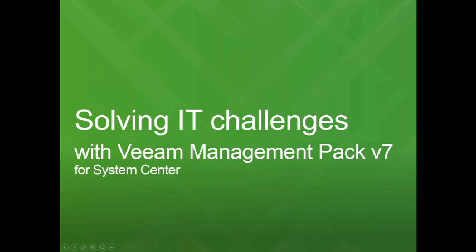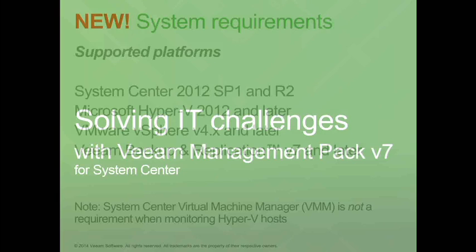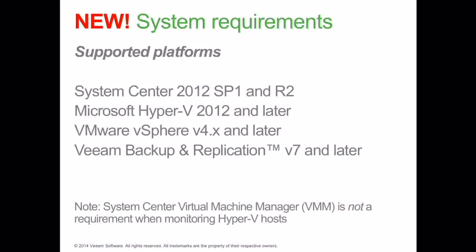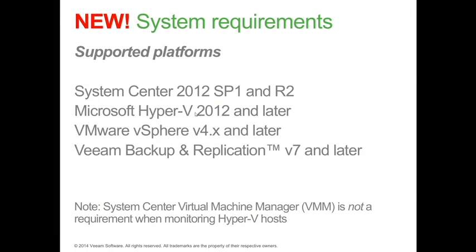All right, let's jump back to the slides, because there are a few announcements. If you look at the system requirements, they have changed compared to 6.5 because of all of these new dashboards and top widgets with the color code, the top traffic widgets, the drill through and so on. We now do not support System Center 2007 R2 anymore, but it starts from System Center 2012 SP1 and R2.